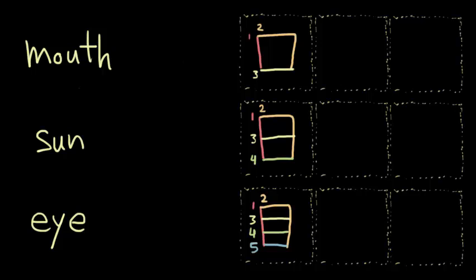So let me start by drawing the image for a mouth. I've got an open mouth here. This is how I'm going to draw the image for the character. You can draw yours differently if you want to, or you can just visualize it in your mind.